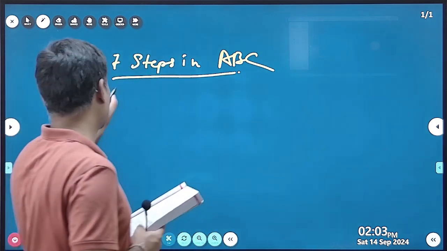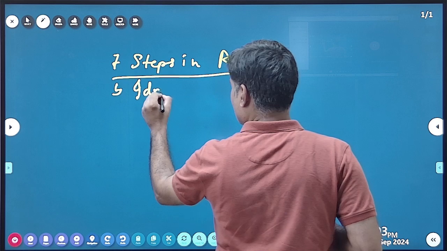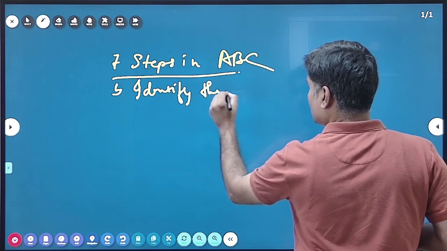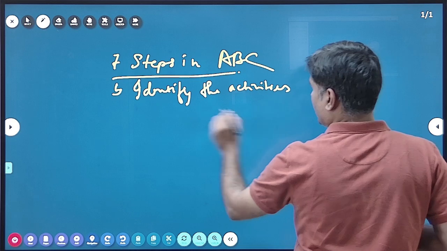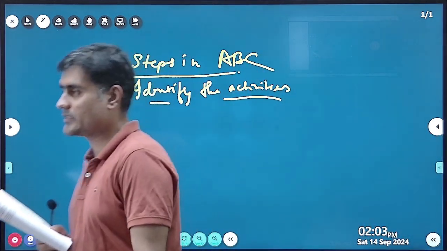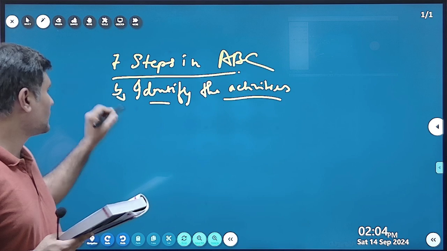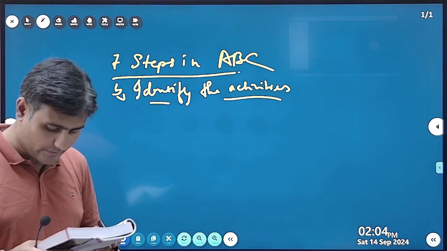First, what do we do? We identify the activities. As we already understood yesterday, the first thing in ABC costing is that we identify the activities. What activities are involved? In ABC the number of activities will be much more.